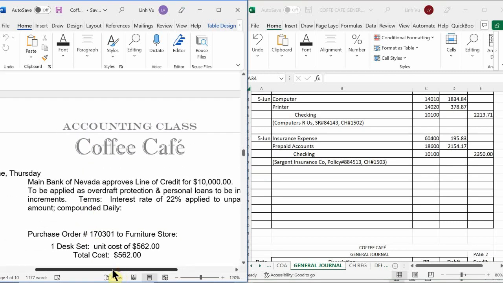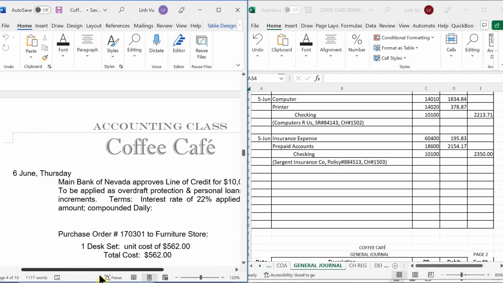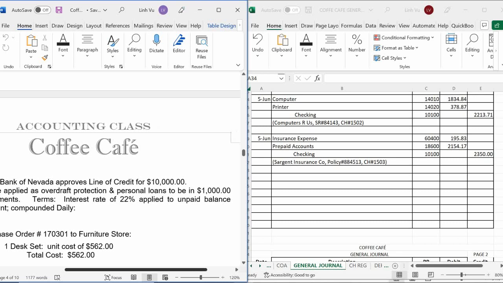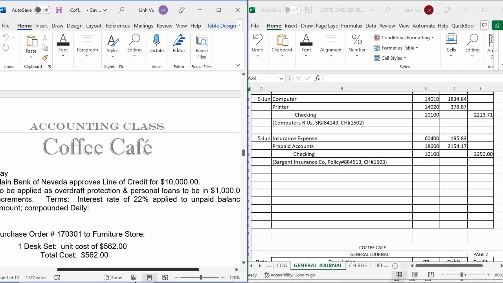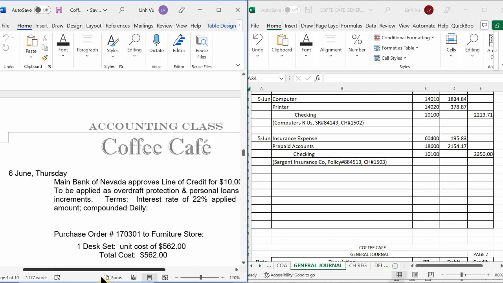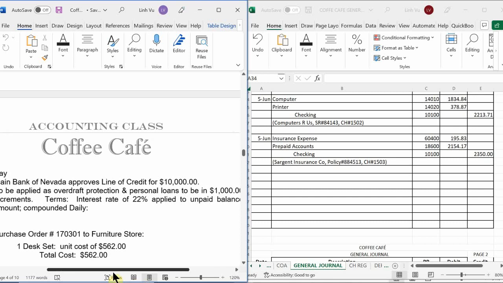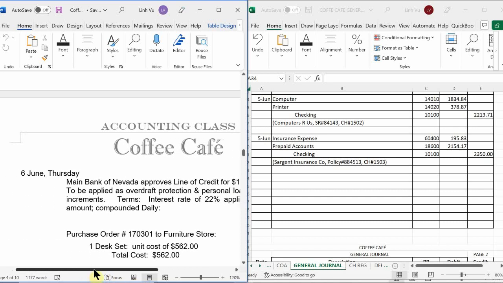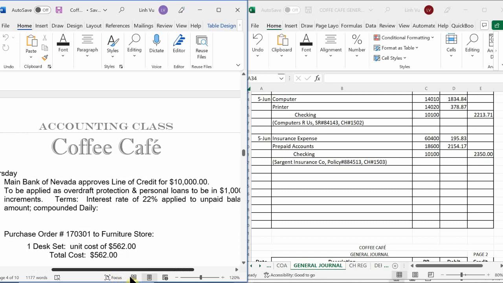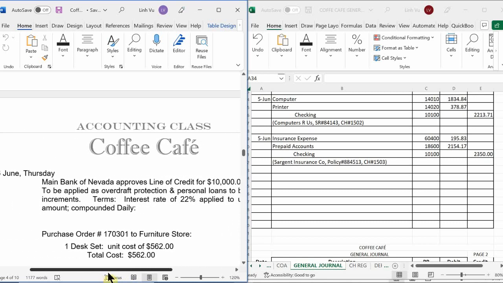Okay. So then, that very same day, Maine Bank of Nevada has approved your line of credit for $10,000. Now remember, when we opened up our bank account, we applied for a line of credit. Okay? All right, so Maine Bank of Nevada approves a line of credit of $10,000, to be applied on overdraft protection and personal loans, to be taken in $1,000 increments, okay?